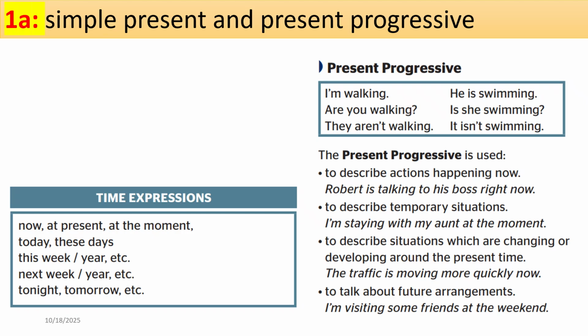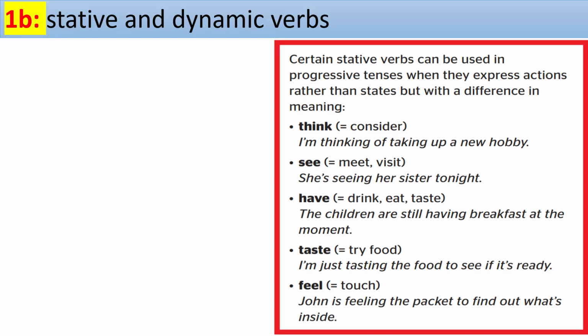Okay, moving on to the stative verbs. Let's have a look at the stative verbs. So we saw that some stative verbs need to be used not only in the present simple but also in the present progressive.